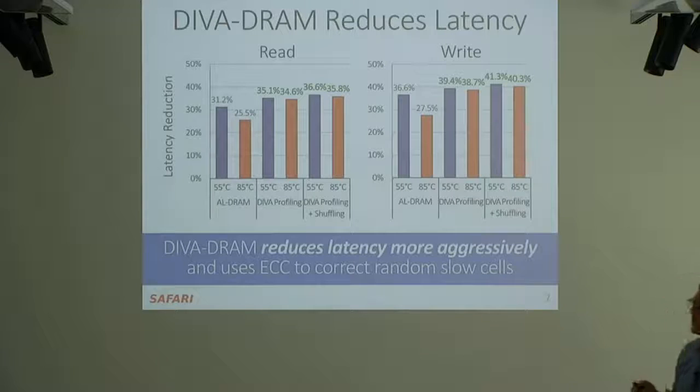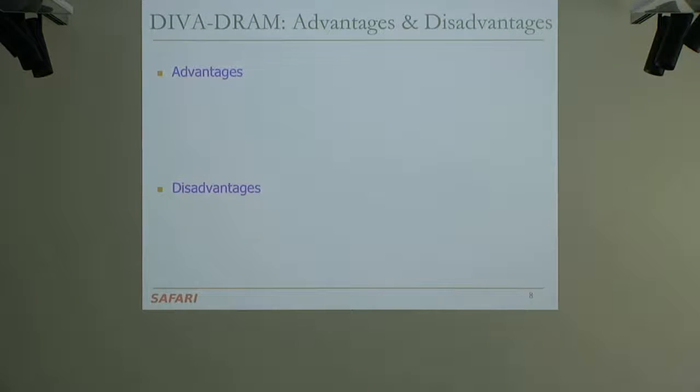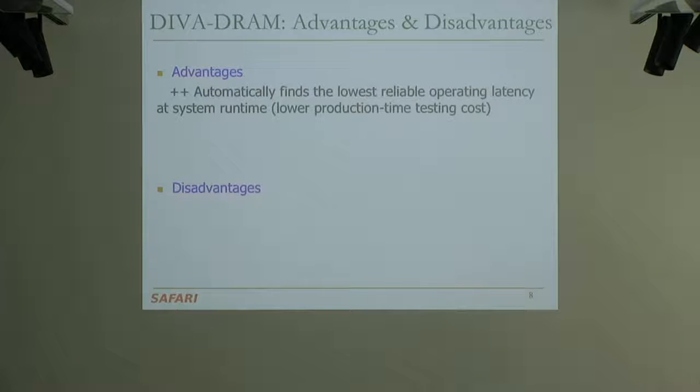But here, somebody needs to provide those parts that are inherently slow. So there needs to be more communication between the memory controller and DRAM, as we've been discussing for the past 5 lectures. So this has advantages and disadvantages. A big advantage is it automatically finds the lowest reliable operating latency at system runtime, which means that the production time testing cost is reduced.